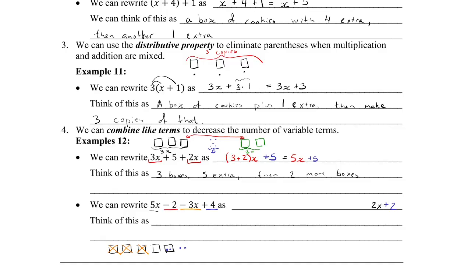How could I get that? Well, I can think of this as I have a 5x minus a 3x plus a 4 minus a 2. And now I can group these two.